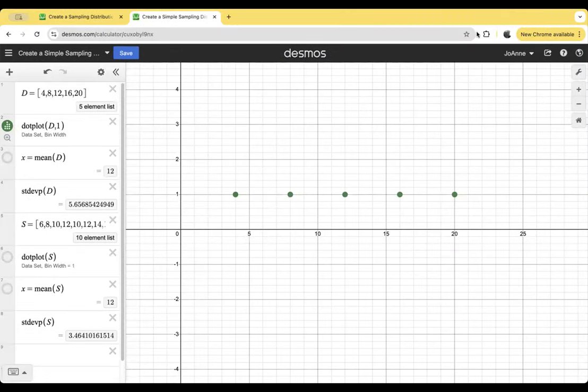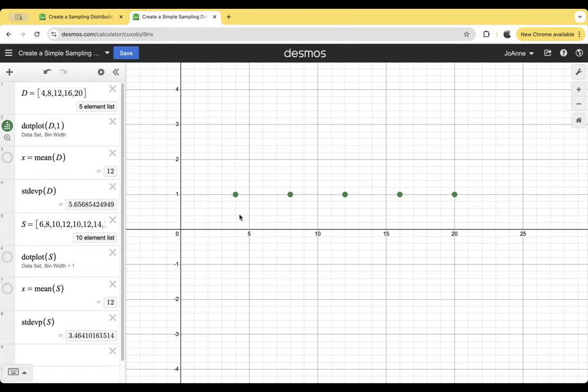Okay, so what you're looking at here are the 5 items in the population, and there's only one of each item. Remember, there was only one 4, and one 8, and one 12, and one 16, and one 20. And so these dots appear in a straight pattern. This is a uniform distribution.